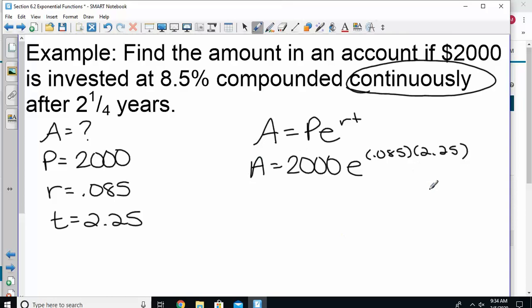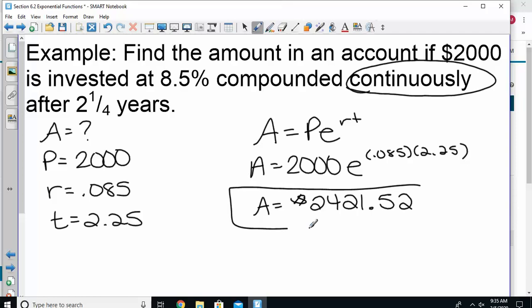We're going to end with more than we start. So $2,421.52. Make sure if it's money, you are putting your dollars and 2 decimals.